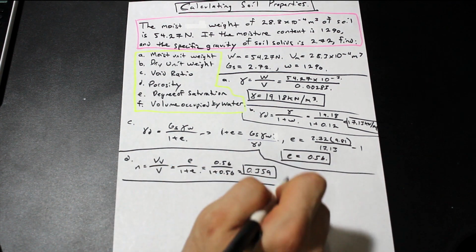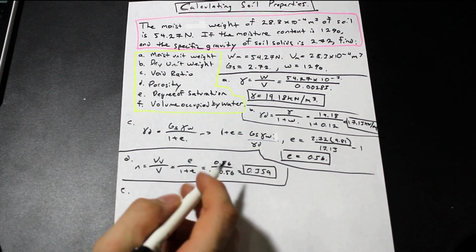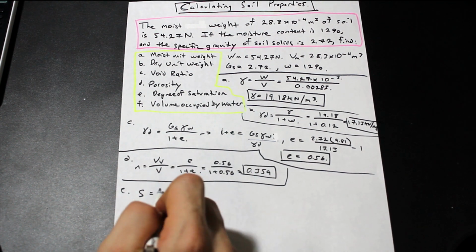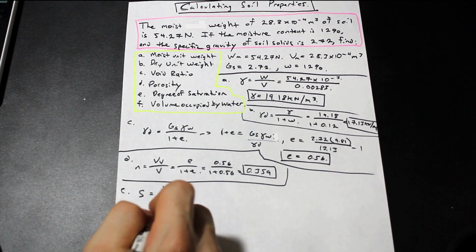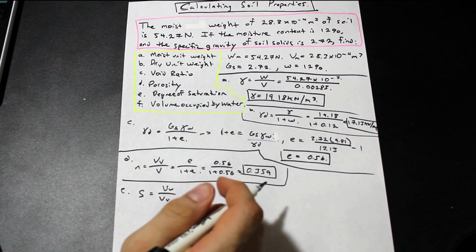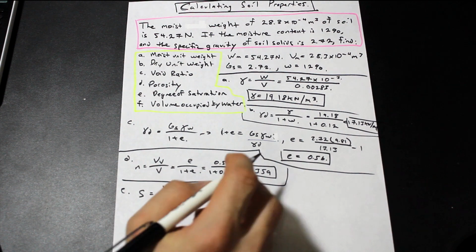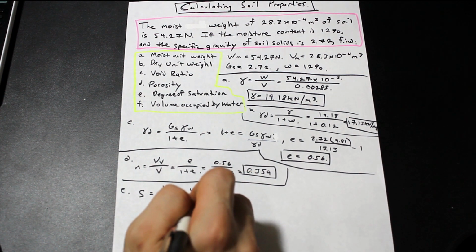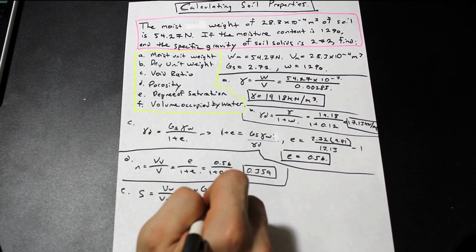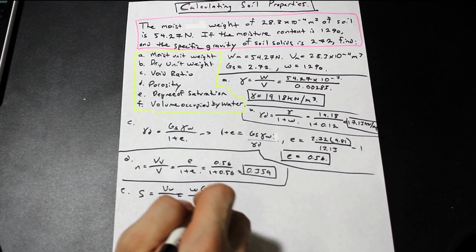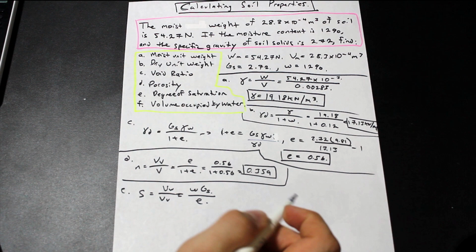Perfect. Let's take a look at our degree of saturation. If we look at the degree of saturation from before, we had volume of water divided by volume of voids. That also can be expressed as, and if you want to know more about this derivation, let me know down below and I'll make a video to explain this stuff for you, the water content times the specific gravity of solids divided by the void ratio.